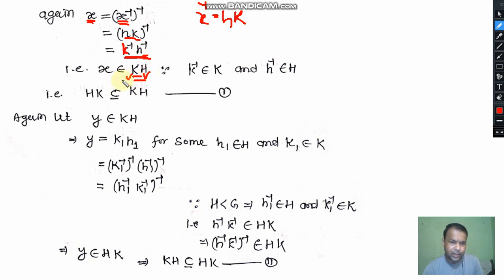So k inverse will also belong to K and h inverse will belong to H, because these are subgroups, and they satisfy the inverse axiom. So this composition will be available in KH. It means we have shown that x is also an element of KH. Initially we started with the assumption that x belongs to HK, and we have shown that x is an element of KH.